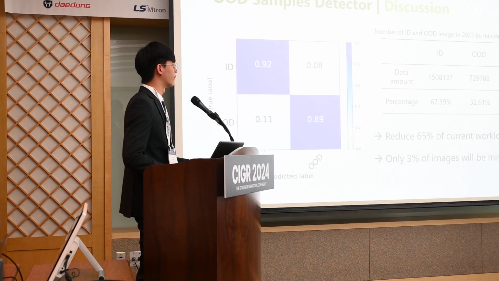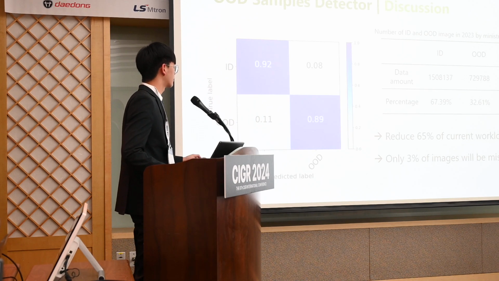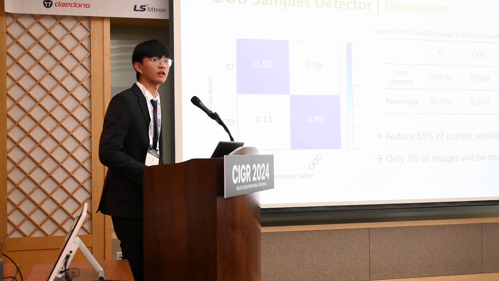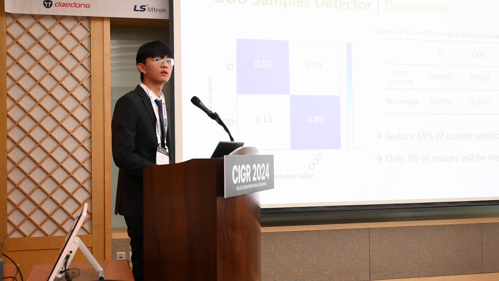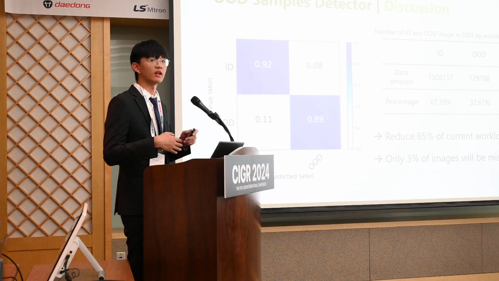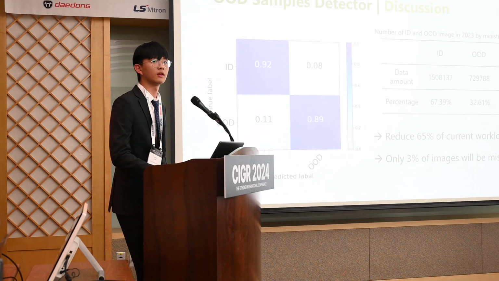So it's like 62% of ID images and 3% of OD images. So the 3% of images will be misclassified. Do you mean this is the workload from the enumerator? Yes, the images the enumerator has to identify. Thank you.